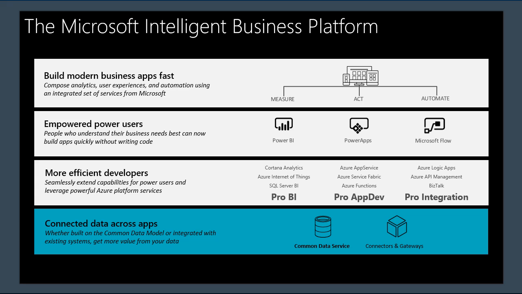So for power users, they measure with Power BI, and once they have a data source and a model, they're able to go to Power BI Desktop or use other means to define reports, but everything is point and click and visual interface.